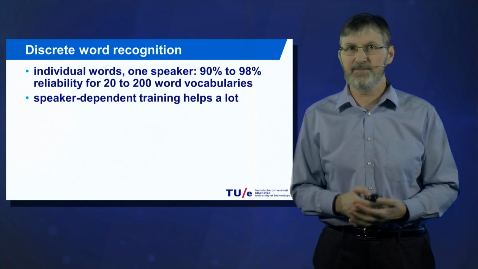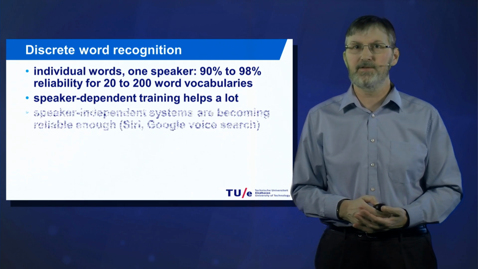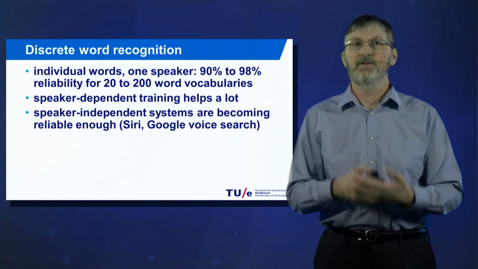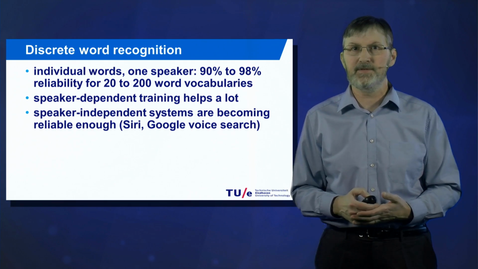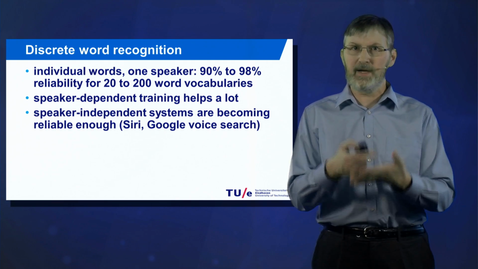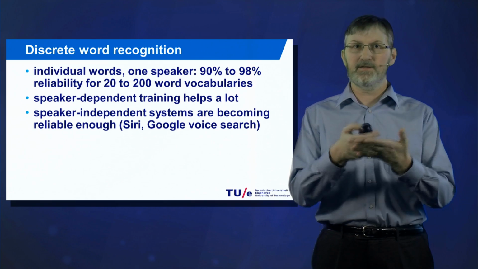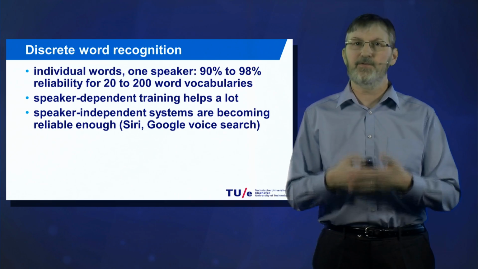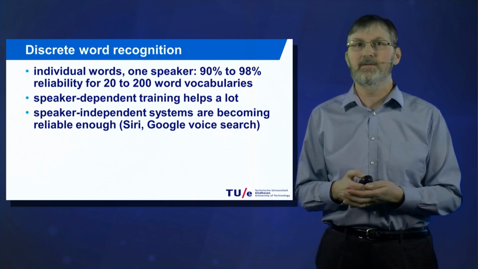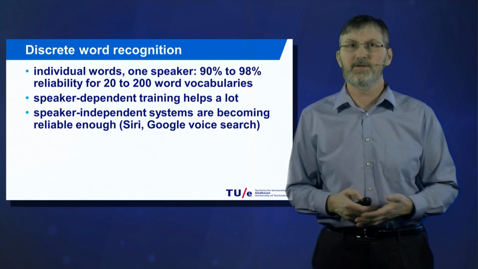Words are pronounced differently. The computers need to be trained. Speaker-independent systems are nowadays becoming quite reliable. Siri and Google Voice Search, for the most part, they work well. Again, we were just unlucky.